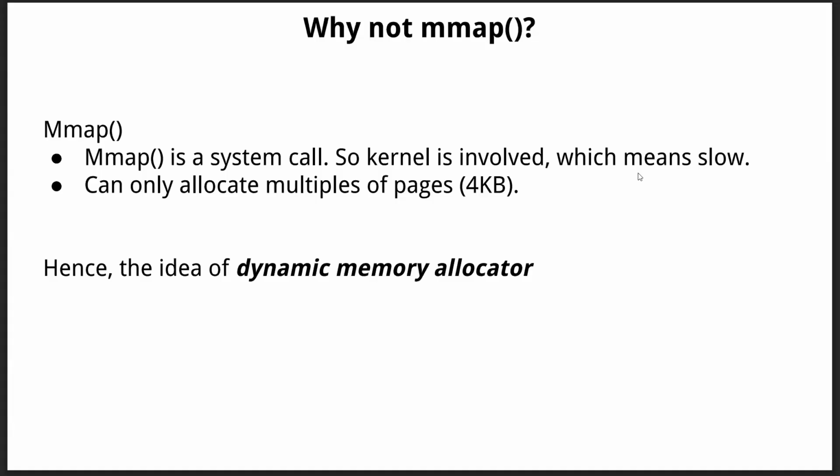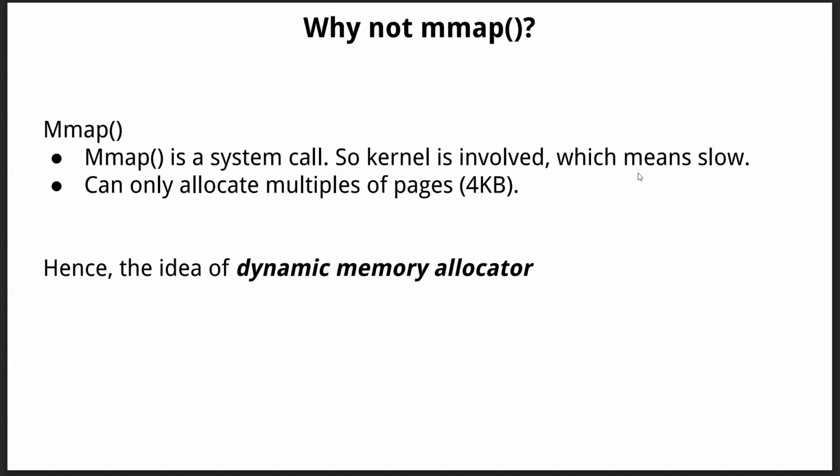But the problem is it's very expensive because they are system calls. When you make a system call like that, you need to go to the kernel, and the kernel needs to allocate new page tables, allocate the new memory for you. If you're only asking for just several bytes, that's too expensive.